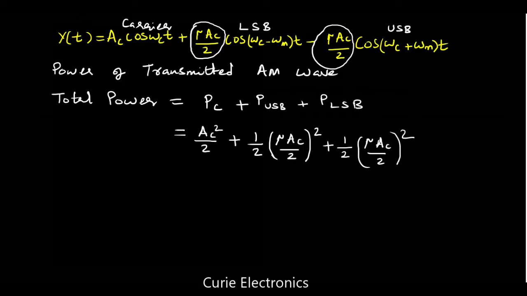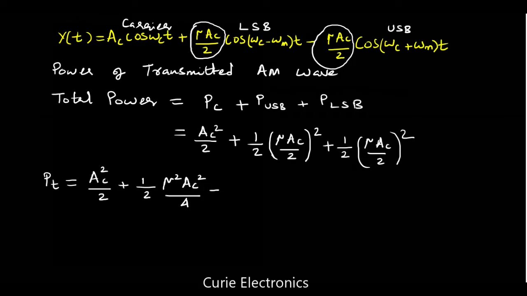Now we have to simplify to get the total power. PT, the total power, equals Ac square upon 2 plus, if you square it, we get 1 by 2 multiplied by mu square Ac square upon 4.